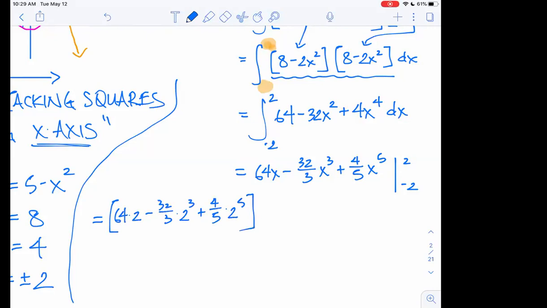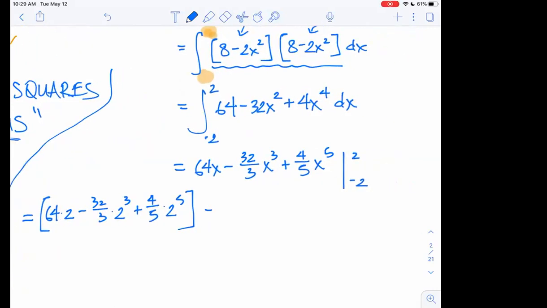That's my first term. Minus plugging in negative 2. So 64 times negative 2 minus 32 over 3 times negative 2 cubed plus 4 over 5 times negative 2 to the 5th.